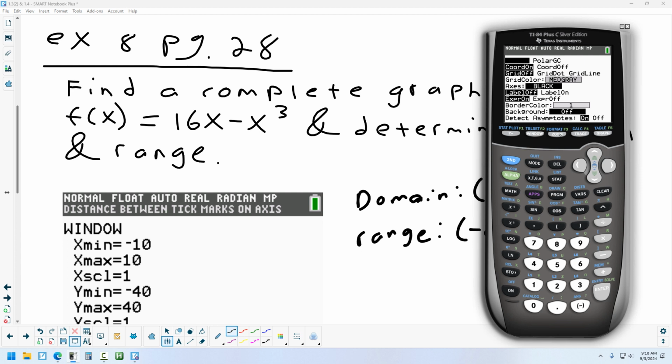There's this detect asymptotes under format. We generally want to leave it on. If you turn it off, it's going to connect those stairs. It shouldn't look like that. My calculator should already be set, but that was yours, so it could be just a different setting. So I'm going to go back to second zoom, and I'm going to put it back the way it was.